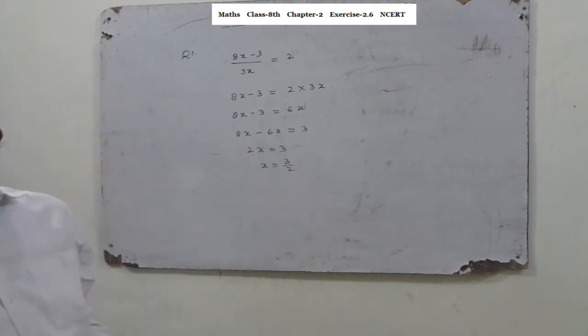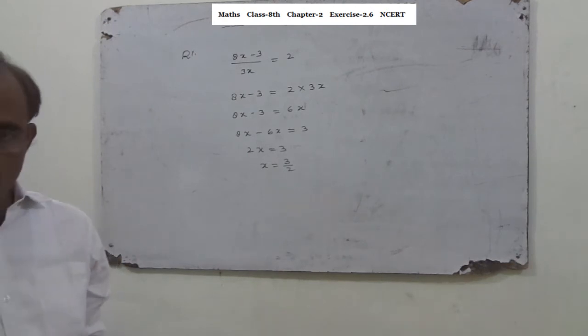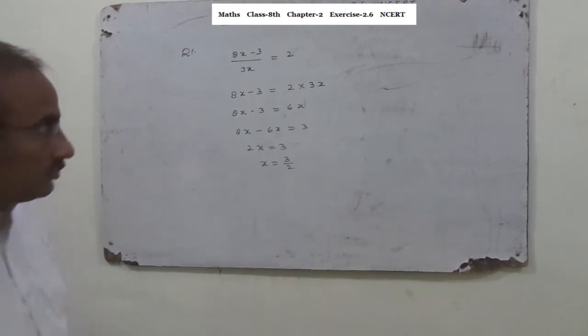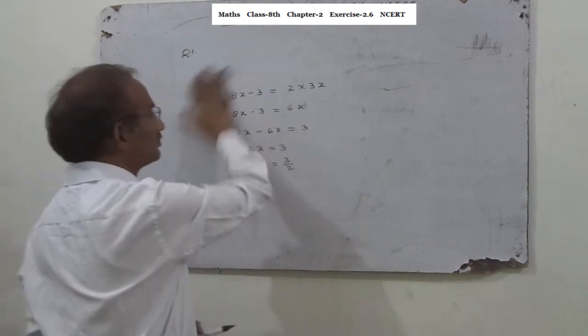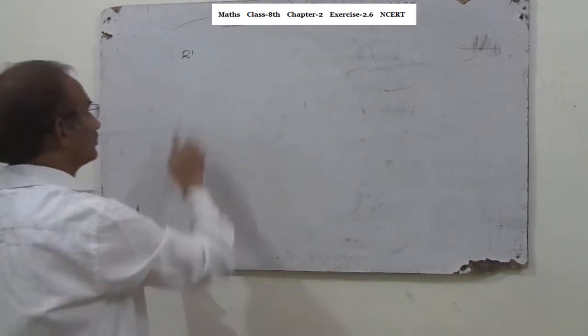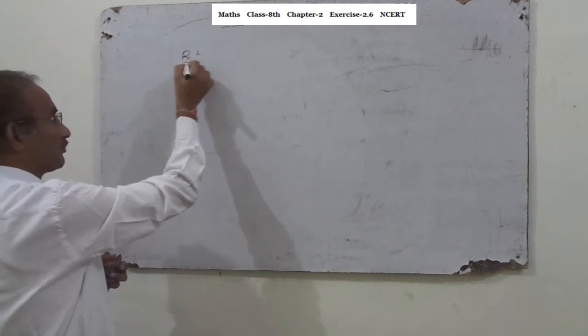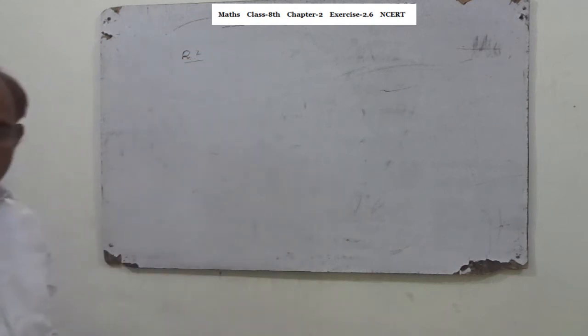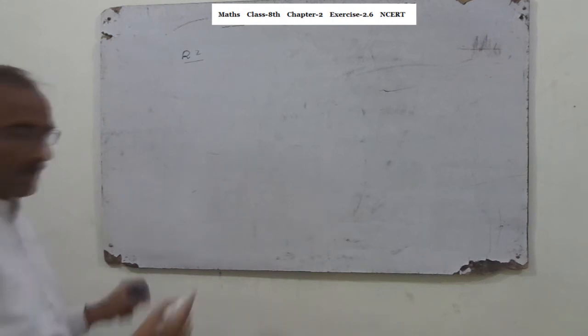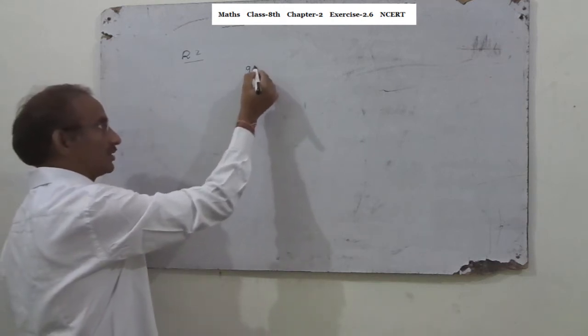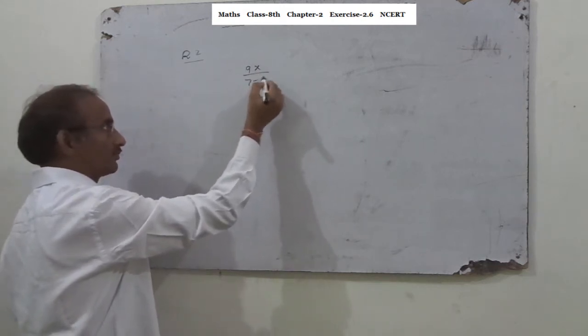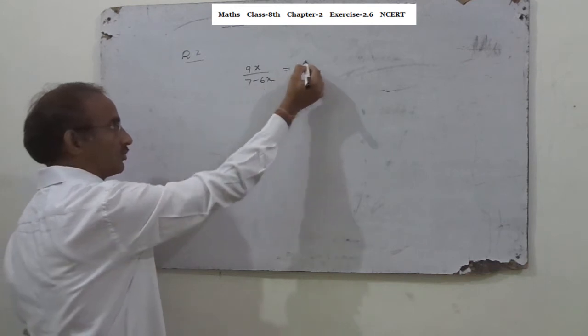Now come to the question number 2. It is 9x upon 7 minus 6x equal 15.